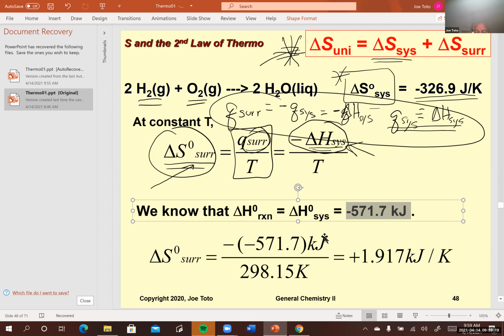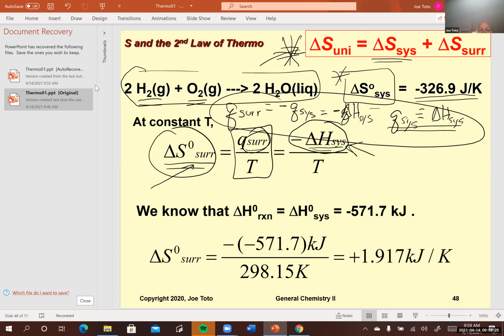And we can look back to the reaction that we're calculating it for and say, okay, well, yeah, it makes sense that this is going to be positive because there's heat given off to the surroundings. And the system delta S we calculated using our equation, and we see that's negative.